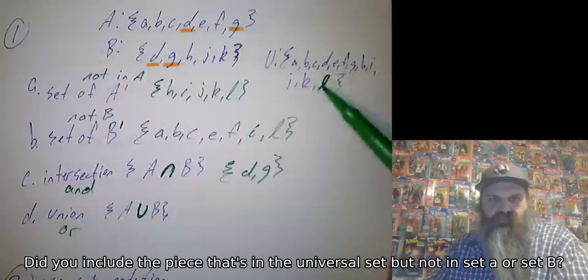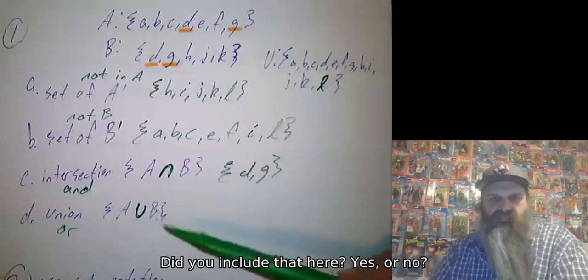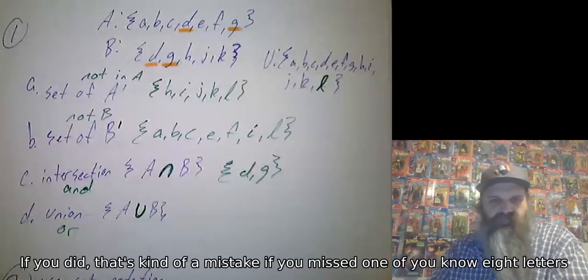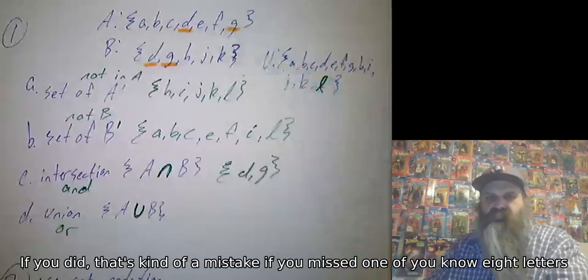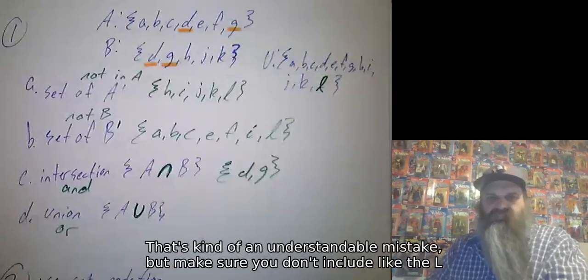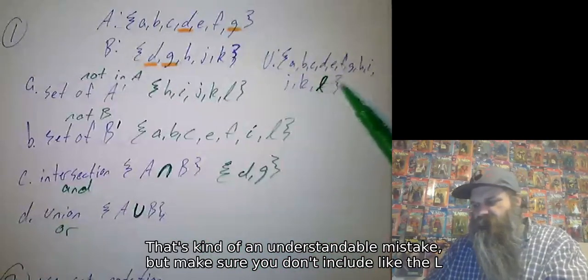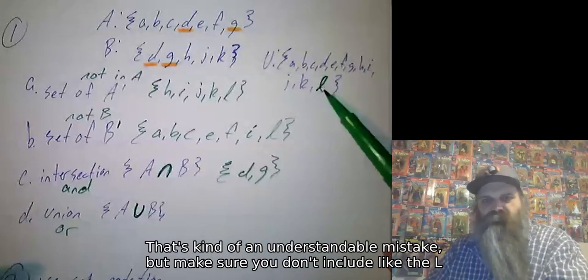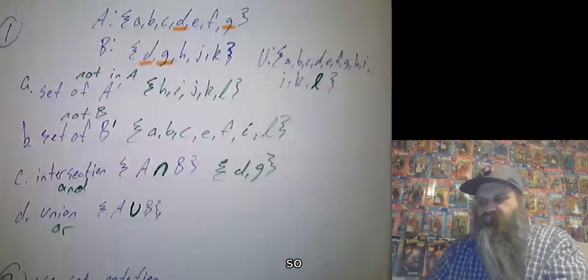Did you include the piece that's in the universal set but not in set A or set B? Did you include that here, yes or no? If you did, that's kind of a mistake. If you missed one of 8 letters, that's kind of an understandable mistake, but make sure you don't include like the L that's in the universal set but not in set A or B.